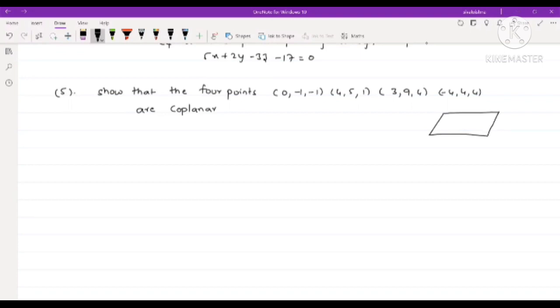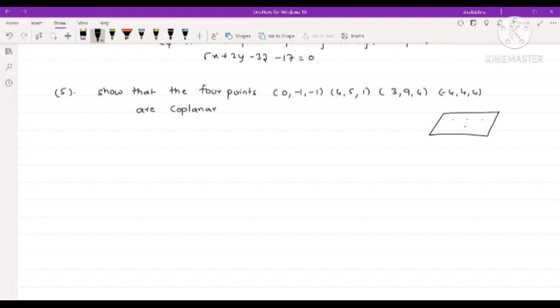If you want to say these particular 4 points are coplanar, all these 4 points lie in the same plane. I am giving the names for those points as A, B, C, and D. Then we say that those four points are coplanar.